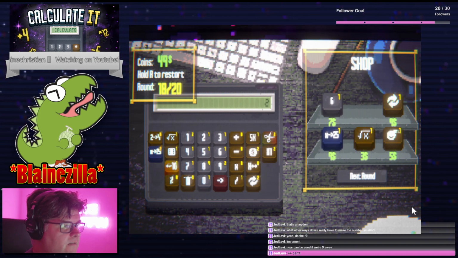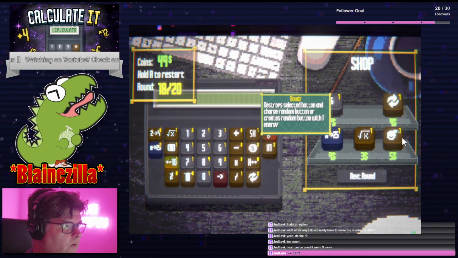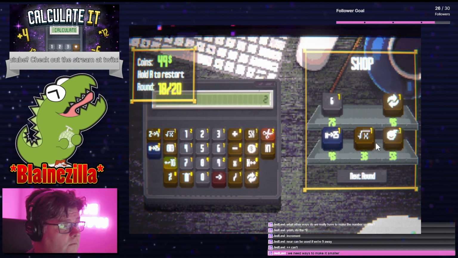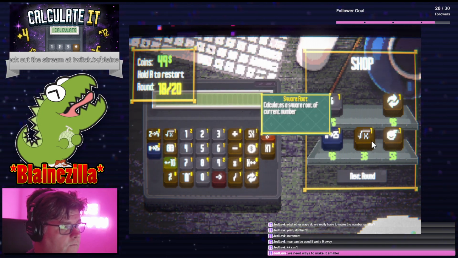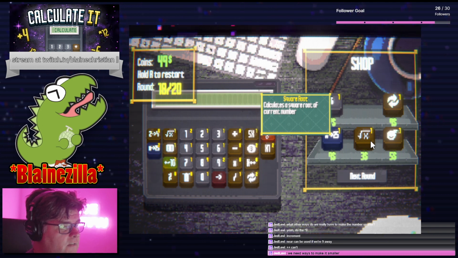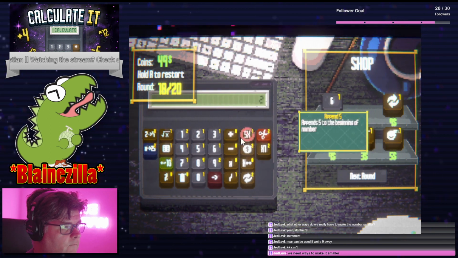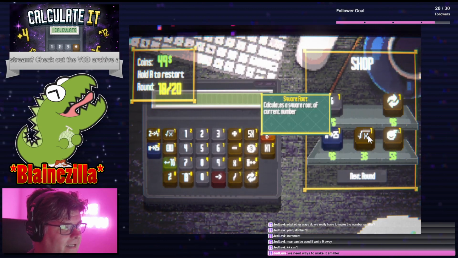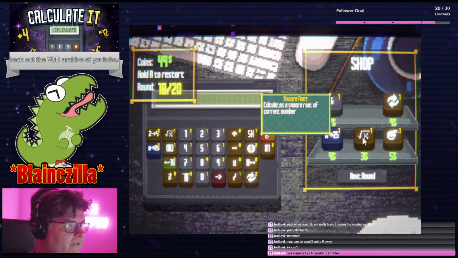The 6 doesn't do us any good. Reverse the numbers we already have. We need weight. Yeah, I mean square root. All right. So if we do 2 square roots, that's the same as the 4th root, right? Right now this is a plus 49, which is an interesting button to have on a calculator.